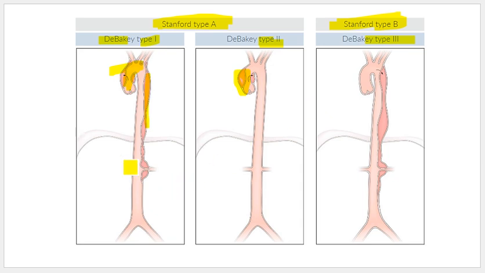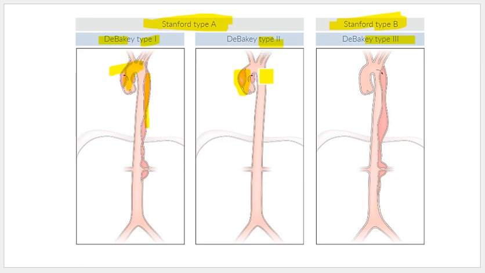So you see that Stanford type A is more critical because it is involving the ascending aorta, and this type is very, very dangerous. And if only the ascending aorta is involved, this is also very dangerous because all the vessels come out after that, especially the brain arteries.